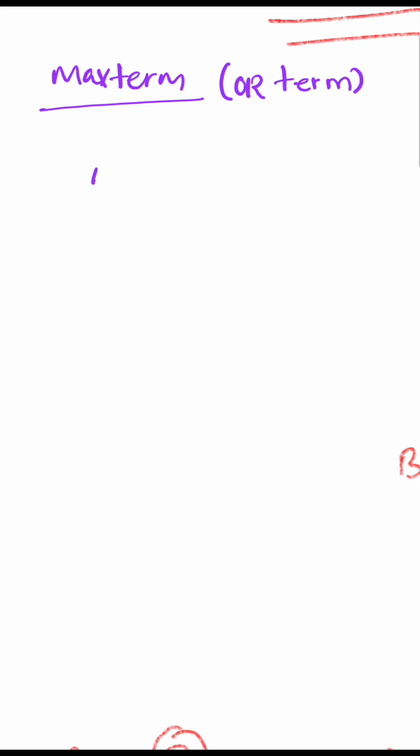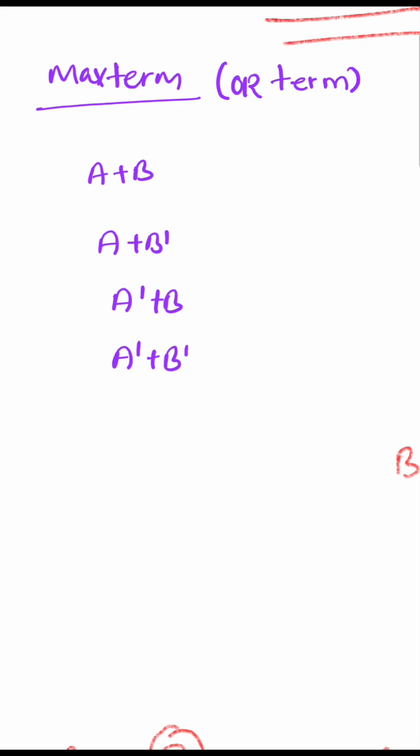For example, A plus B, or A plus B complement, or A complement plus B, or A complement plus B complement. These are the maxterms. Each variable appears exactly once, therefore these are valid maxterms. A maxterm corresponds to exactly one truth table row where the output becomes 0.